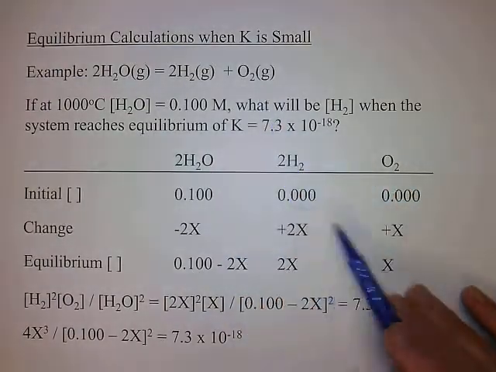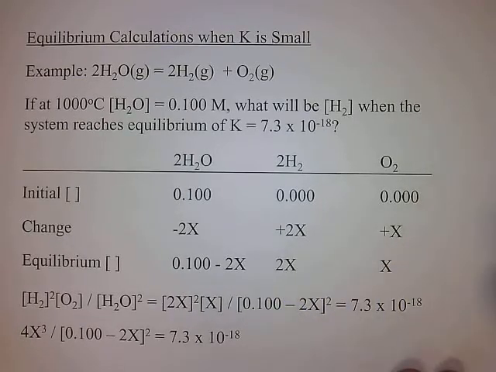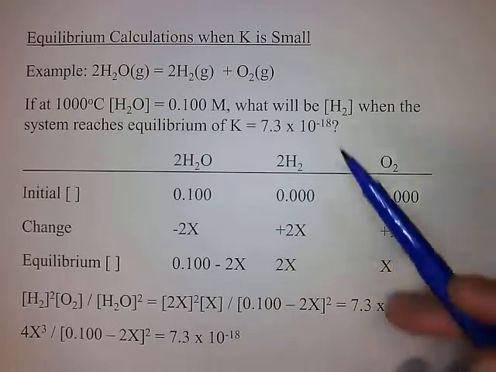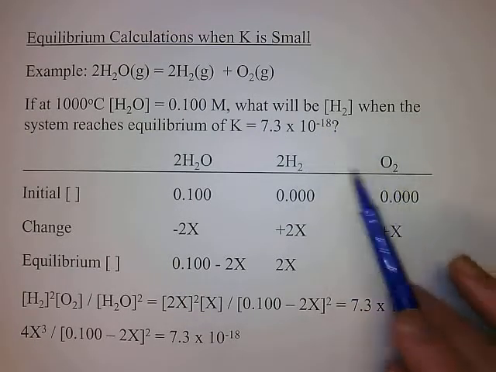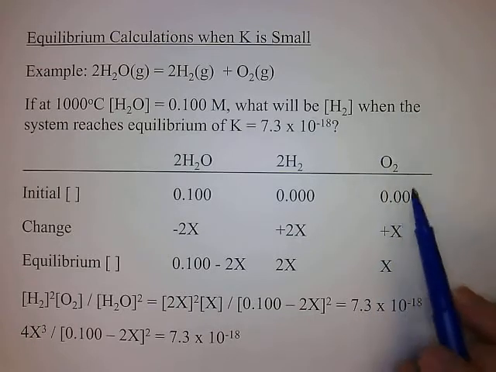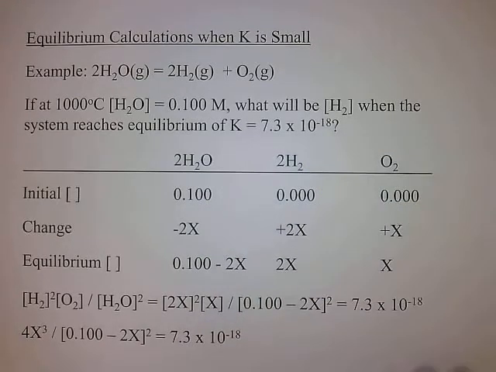We're not starting with any hydrogen and oxygen, so those are 0. So what's our change going to be? Even as small as it is, because there's no hydrogen and oxygen present, the reaction is going to shift to the right a little bit. We don't know how much it's going to shift, so we'll let X represent that.